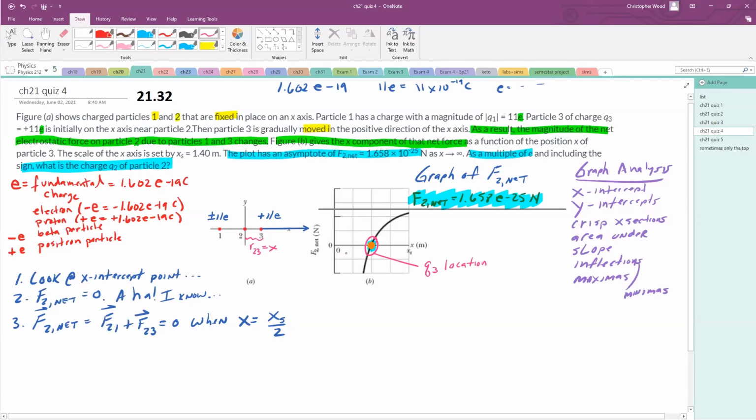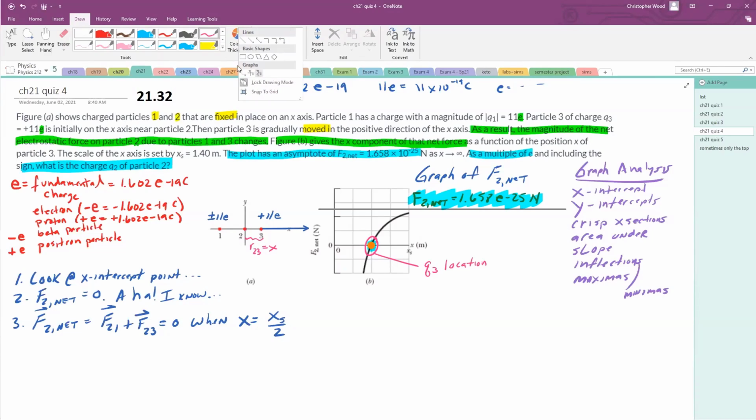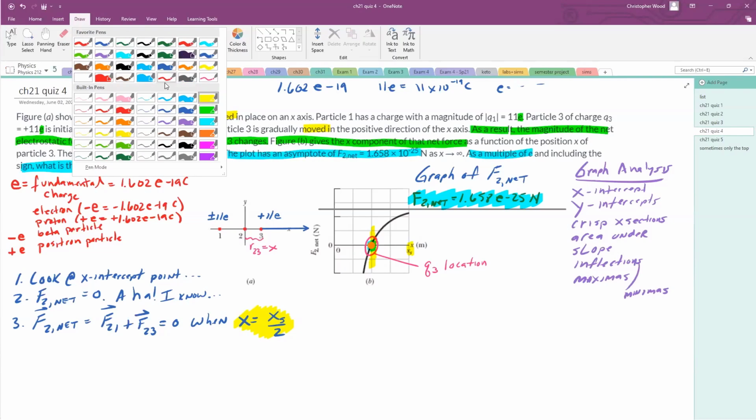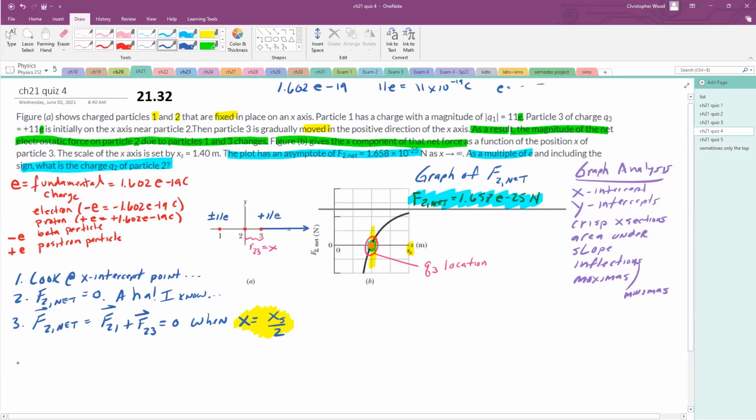It's halfway to X sub S. So that's why I'm saying when particle 3 is located at that distance, XS over 2. Here's XS, and right here, this is XS over 2, that location. So there is no net force on particle 2 when particle 3 is at that location. So let's run with that and see what we can squeeze out of it before we do anything else.